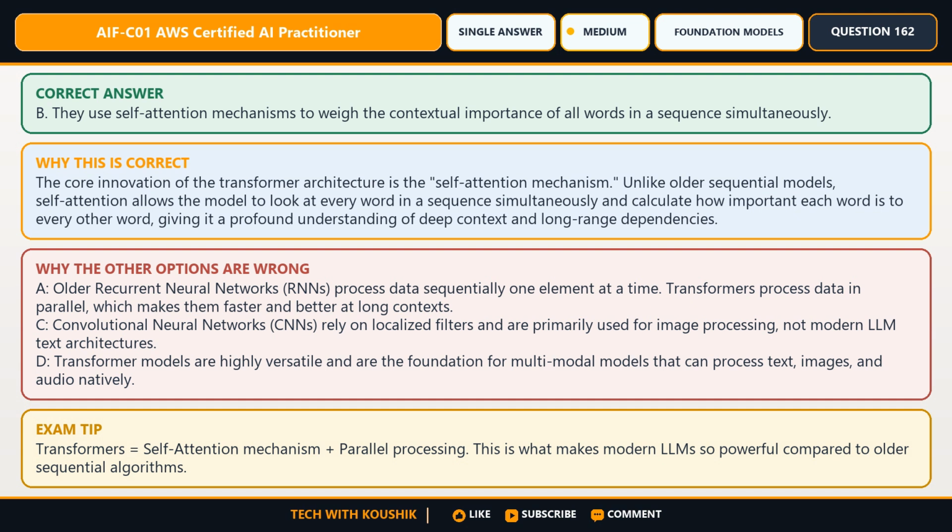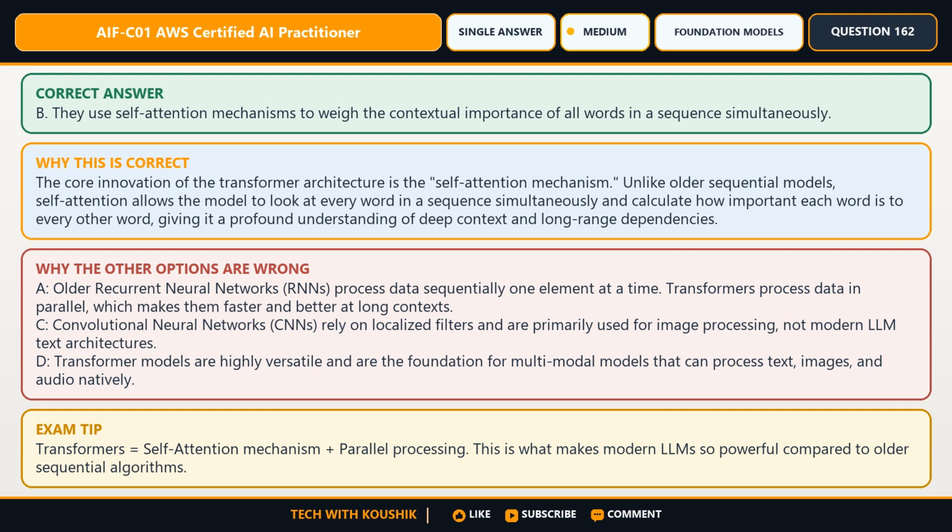The remaining options fail one or more requirements because A. Older recurrent neural networks, RNNs, process data sequentially one element at a time. Transformers process data in parallel, which makes them faster and better at long contexts. C. Convolutional neural networks, CNNs, rely on localized filters and are primarily used for image processing, not modern LLM text architectures.